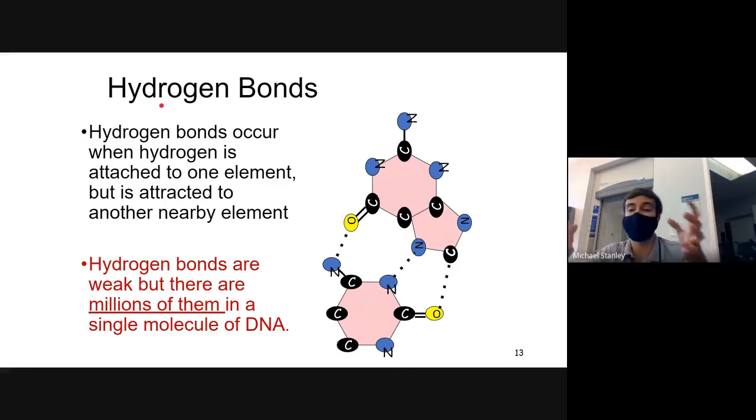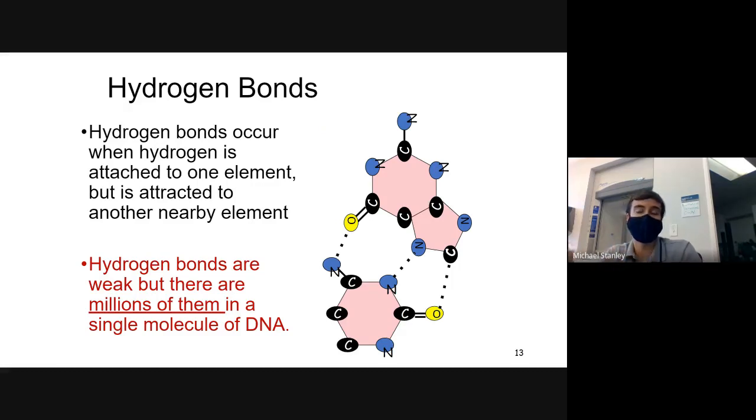It's kind of like if you have a magnet and you hold it sort of close to another magnet, you can feel that they're attracted to each other. But in the case of these bases, they don't actually physically touch and come together. That attraction from one side to the other is due to these hydrogen bonds. And that attraction is what holds the entire DNA molecule together.